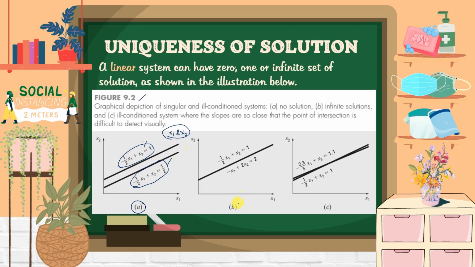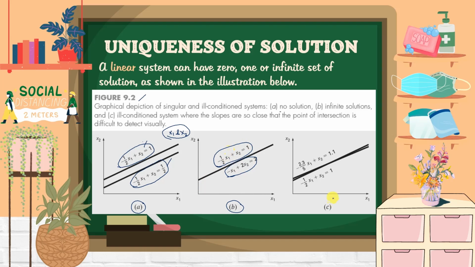For our figure 9.2b, based on the given two equations, our lines are coincident. What does it mean? Generally, the lines are almost the same, or they represent the same line. So, coincidence. In this situation, there is an infinite number of solutions.